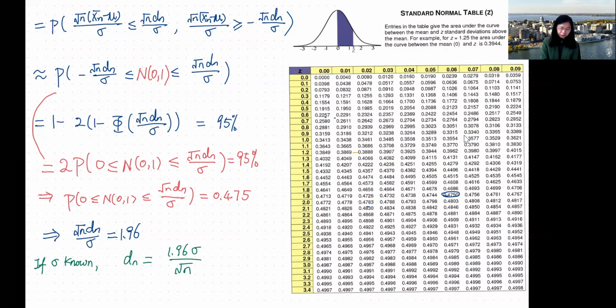And that is how you figure out the symmetric confidence interval in the case where sigma, the standard deviation of the population, is known.